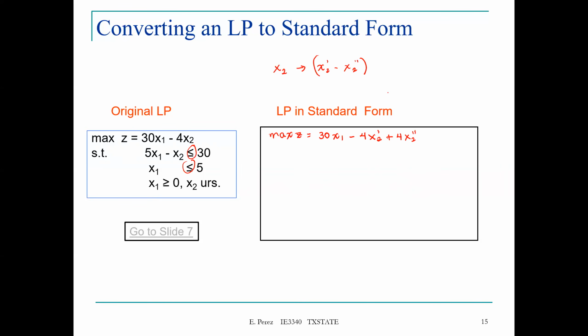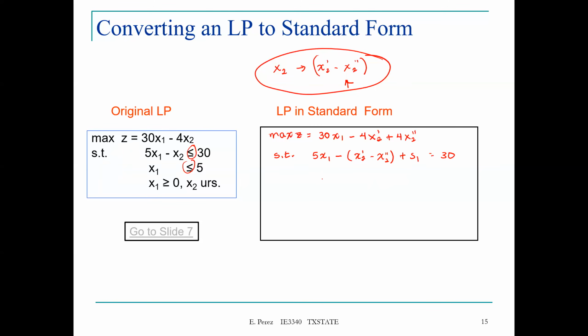So in this piece, I'm doing this substitution. Anywhere where x2 is, I'm going to substitute that by this. And this is going to be subject to 5x1 minus x2 prime minus x2 double prime plus my slack variable s1, and this is going to be equal to 30.